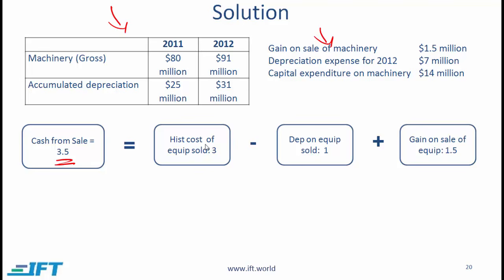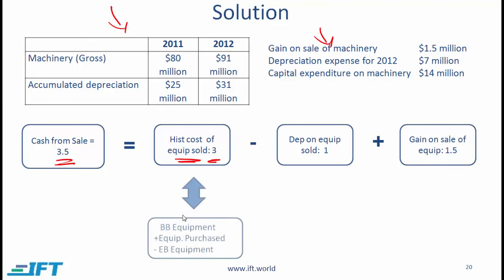You first compute the historical cost of equipment sold as 3. And to come up with 3, you need to look at the beginning balance of equipment. That's the gross amount, 80, plus equipment purchased, that's 14, minus the ending balance, which is 91. And then you subtract the depreciation on equipment sold, that's 1.